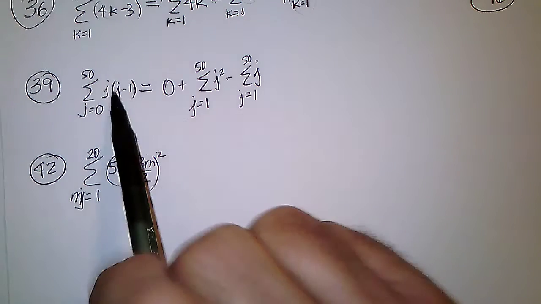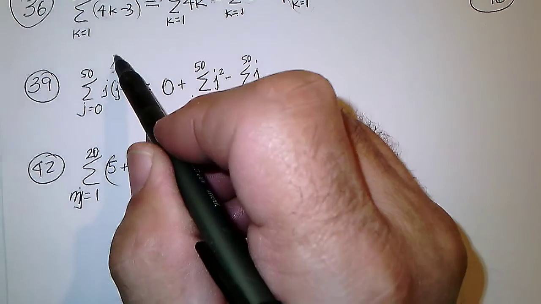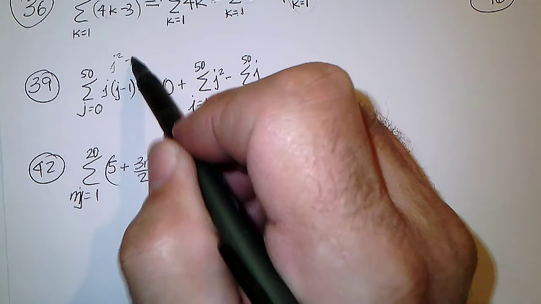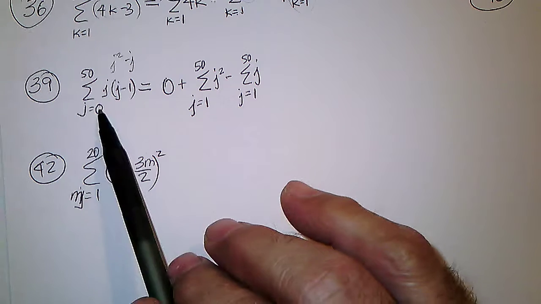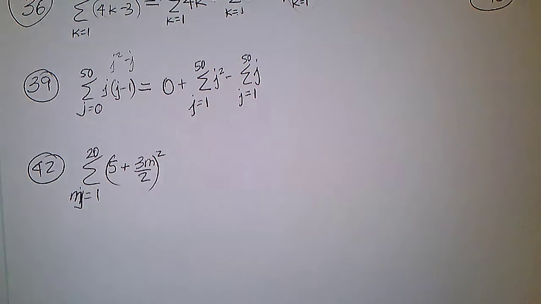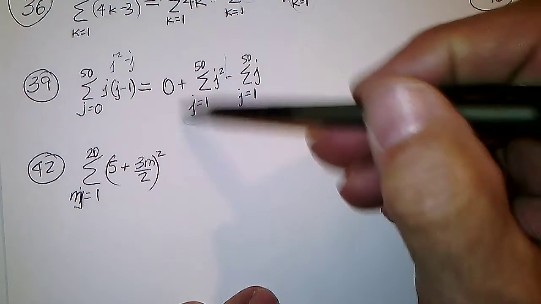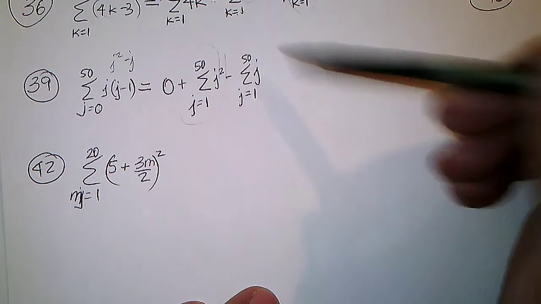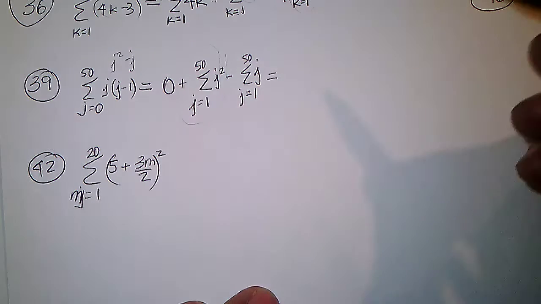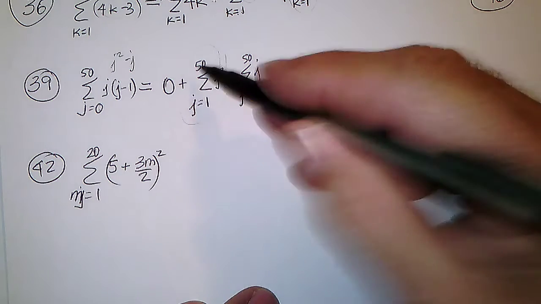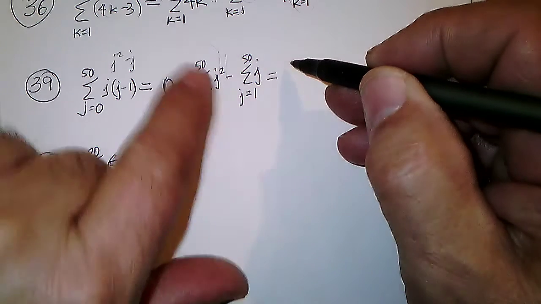So I multiplied this out, got j squared minus j. I split this up into two, but I took care of j equals 0 first so I can have j equals 1. Now there's a formula for this one, for squared, and there's a formula for that one. So we have 0, which is nothing, plus the formula for the squared is the ending number.